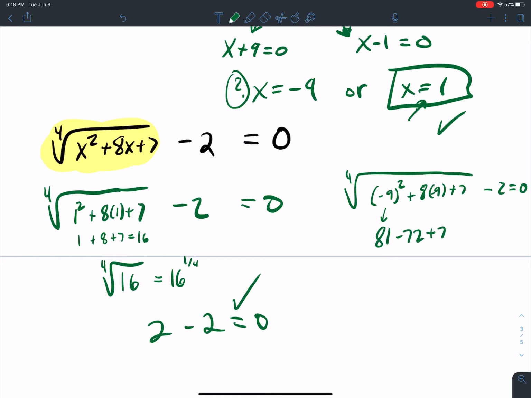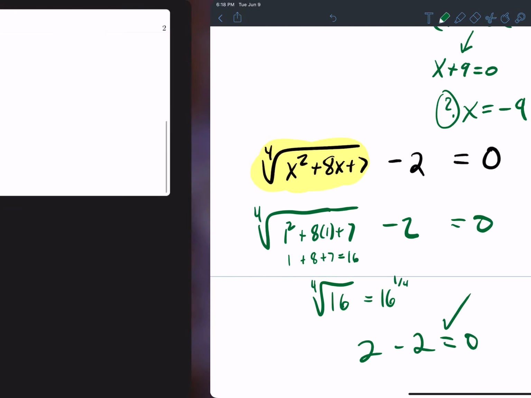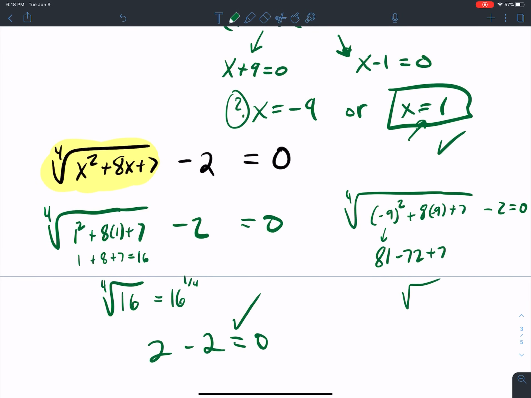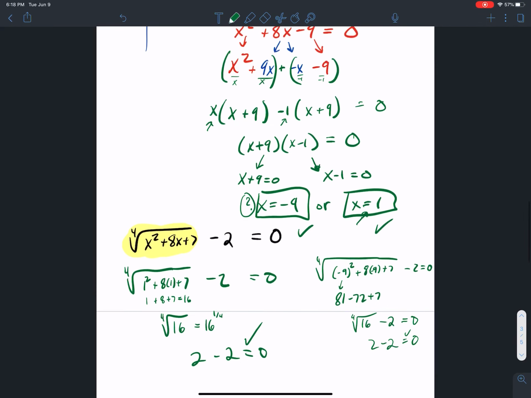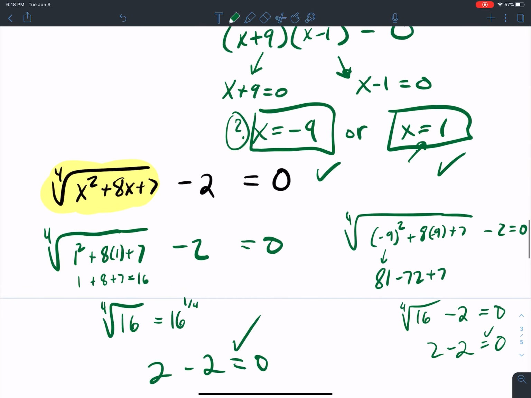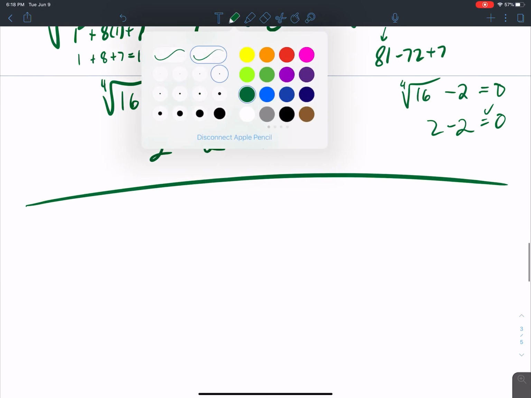Type that in your calculator: 81 minus 72 plus 7 is 16. The fourth root of 16, once again, is 2. So 2 minus 2 equals 0. So guess what, guys? Both of those work. It is possible for both of them to work. So both solutions are good solutions, but you've got to check to make sure they're good.